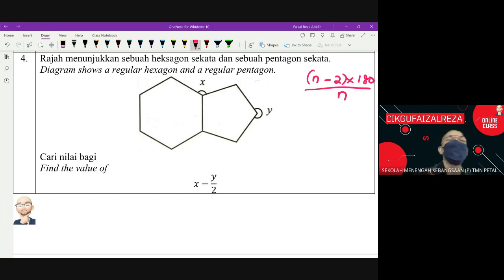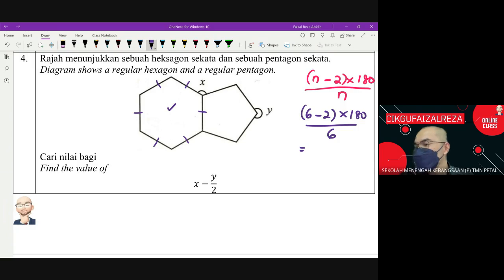So we are going to find for the hexagon first. How many sides do we have? 1, 2, 3, 4, 5, 6. 6 minus 2 times 180 divided by 6. What do you get? 120 degrees. That means over here is 120 degrees.